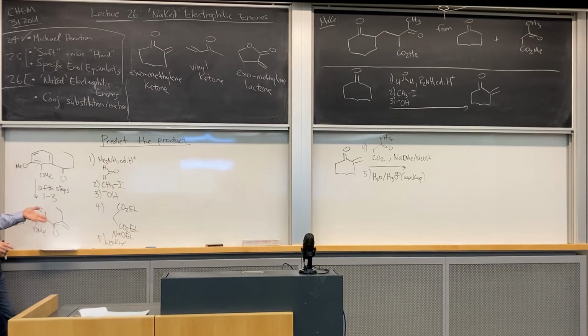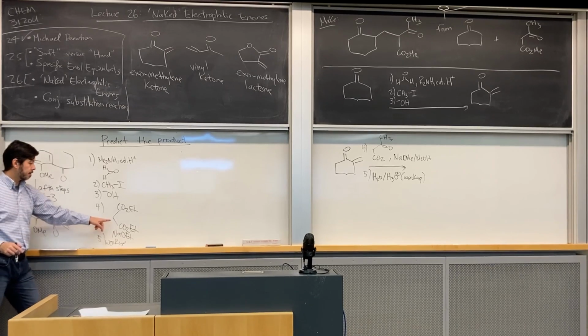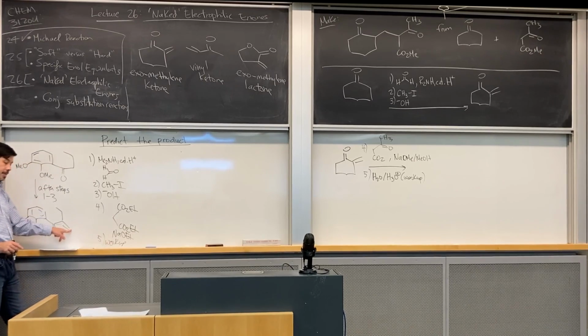And then step 4, step 5, you can see that we're going to form the enolate, a resonance stabilized enolate. This carbanion will come and attack, electrons go here, and then workup step, reform that ketone and protonate.